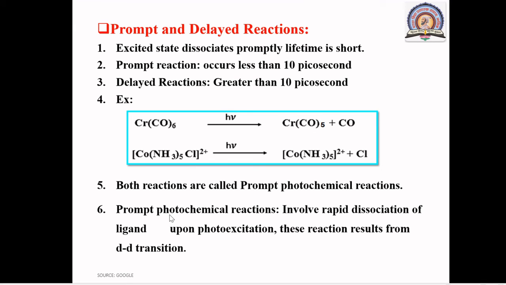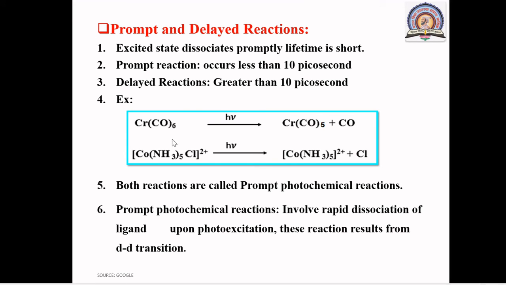In a prompt photochemical reaction, there is rapid dissociation of the ligand upon photoexcitation, here rapid dissociation of carbonyl and of Cl. These reactions result from d-d transitions.